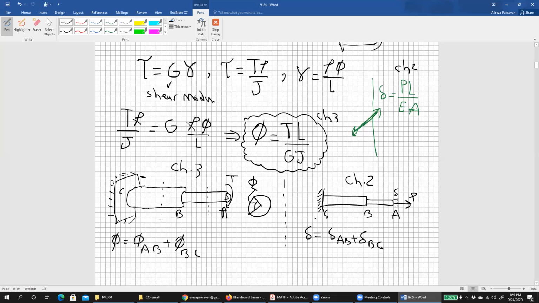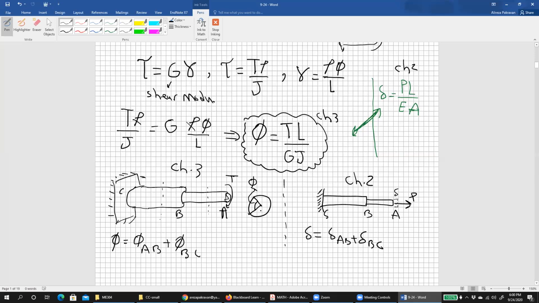If you understand chapter 2 well, this is very, very similar, just with different parameters and symbols. I picked the previous example because I made a section and found T. Now for this type of problem, I want to solve another one. First, we need to make a segment, find the T, then find the J for each segment, check if G is the same or different, then find the phi for each one and then the total phi.